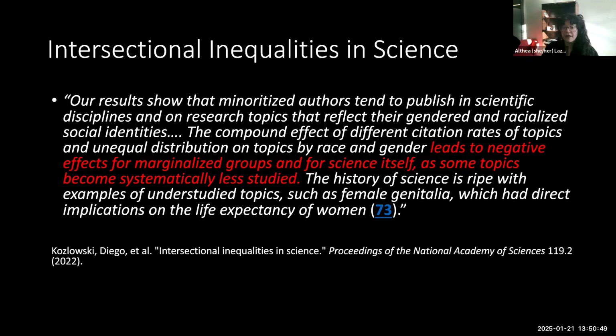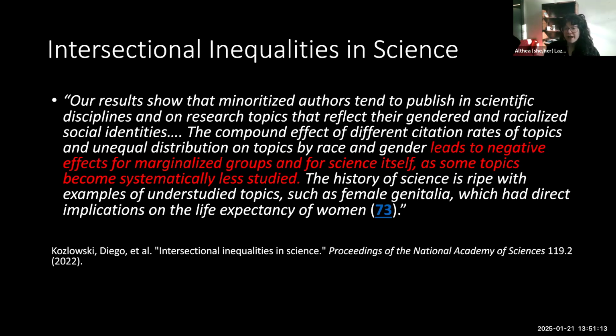This article says that they tend to publish in scientific disciplines and on research topics that are related to their identities. So female researchers are more likely to publish about issues that affect women, for instance. And the example given here is like female genitalia. It tends to be researched more by female scholars.